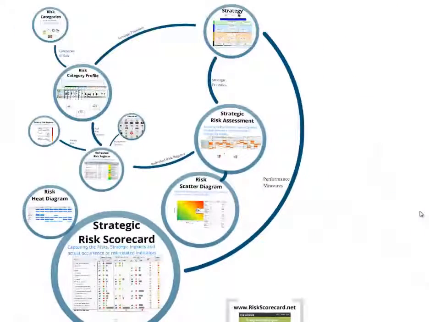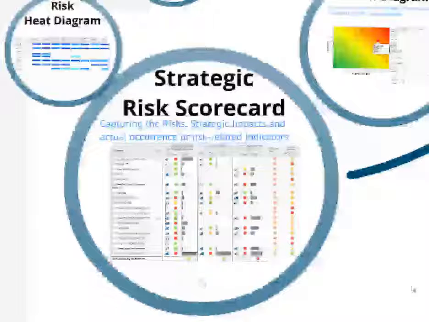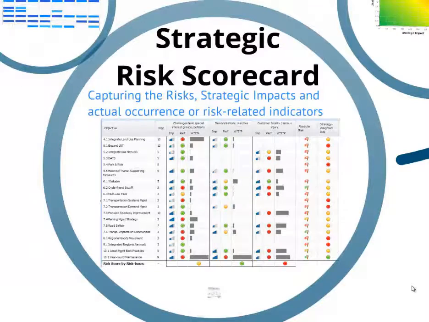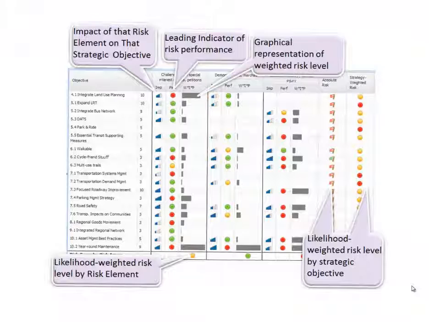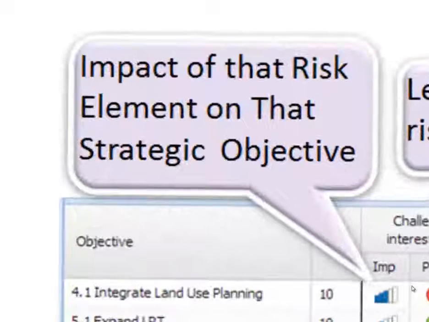Regardless, this more accurate view of risk, if we combine that with the performance measures from your balanced scorecard, allows us to build the risk scorecard. Now, the risk scorecard allows us to take a very predictive look at risk and their impact. Let's take a close look at what that can do for us. So the components inside the risk scorecard are as follows.